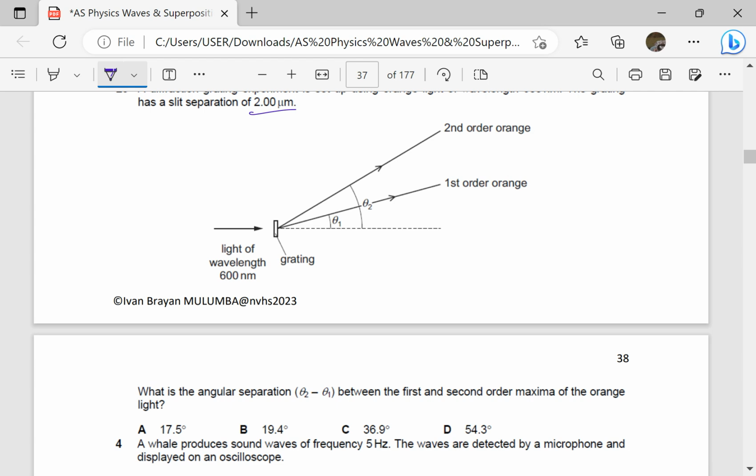What is the angular separation θ2 minus θ1 between the first and the second order maxima of the orange light?